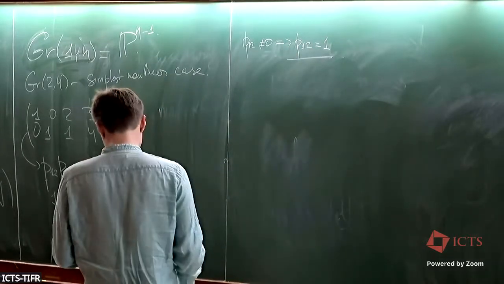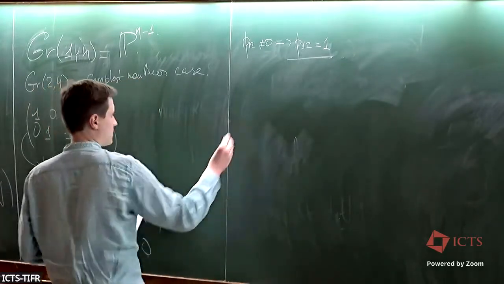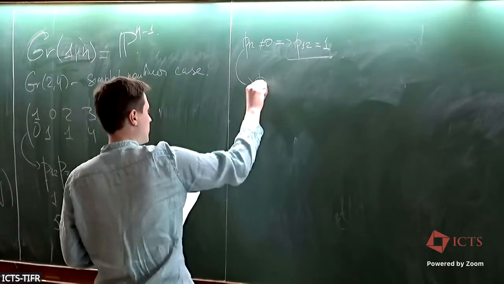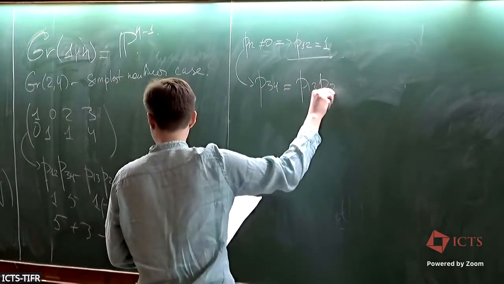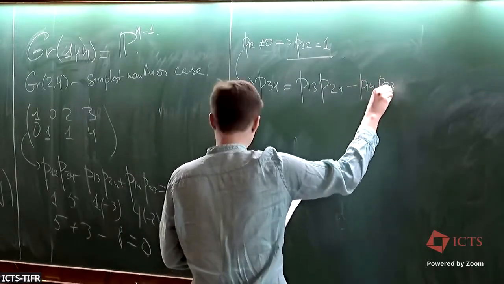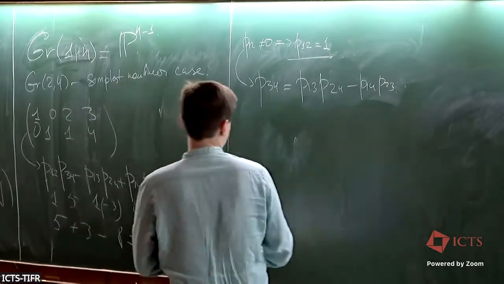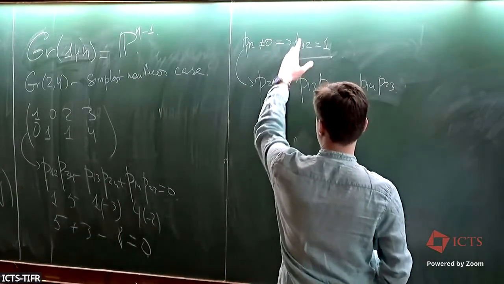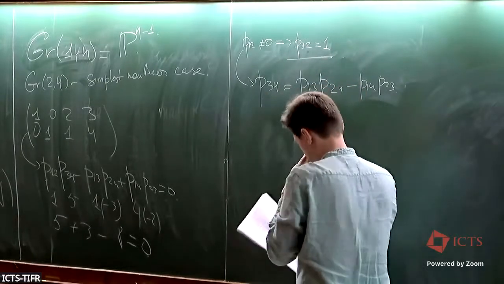And then this equation kind of degenerates, right? Our equation becomes P34 equals P13 times P24 minus P14 times P23. So what's the linear space? If we have some numbers, one of them is 1, then we have 4 independent numbers, and the last one is determined by these 4.